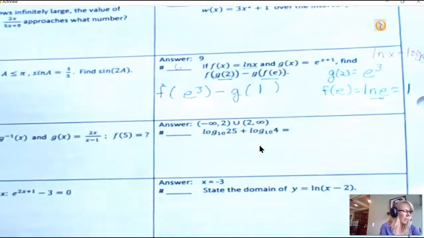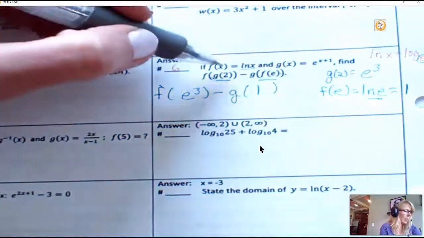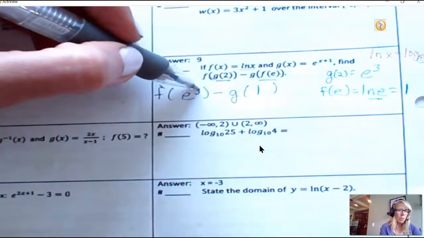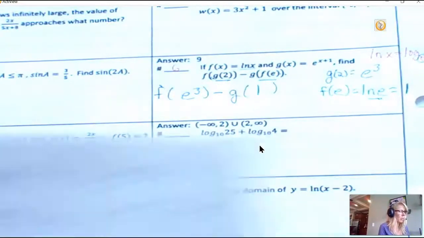Now f of e to the third, well, again, I got to kind of think about that. I got to put e to the third into the x value for f of x. I'm going to do that again on my little whiteboard here.